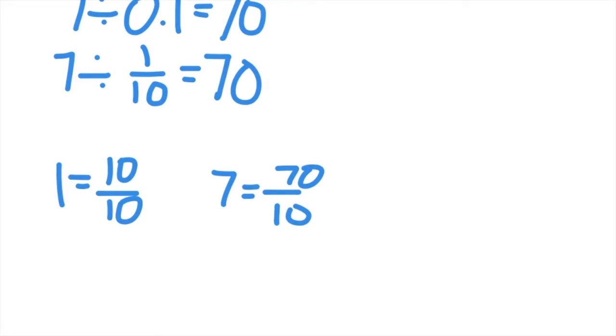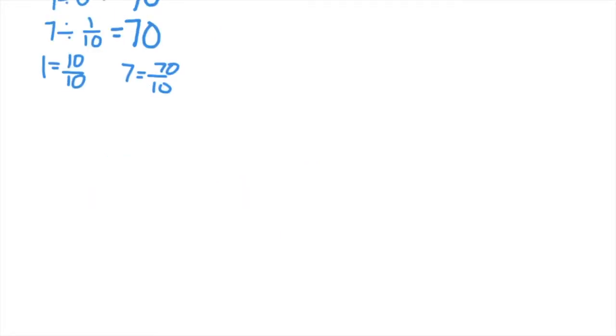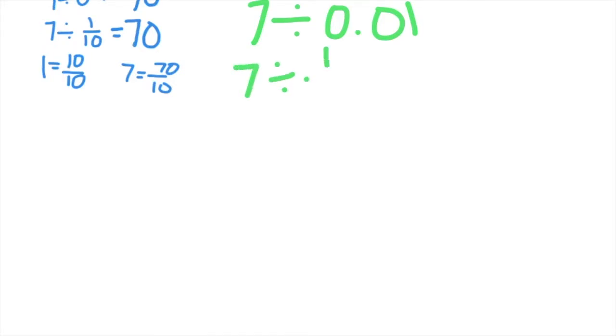Let's try something by the hundredths. This time we're going to do 7 wholes divided by 1/100th. So again, we have 7 divided by 1/100th, asking how many hundredths are in 7 wholes.